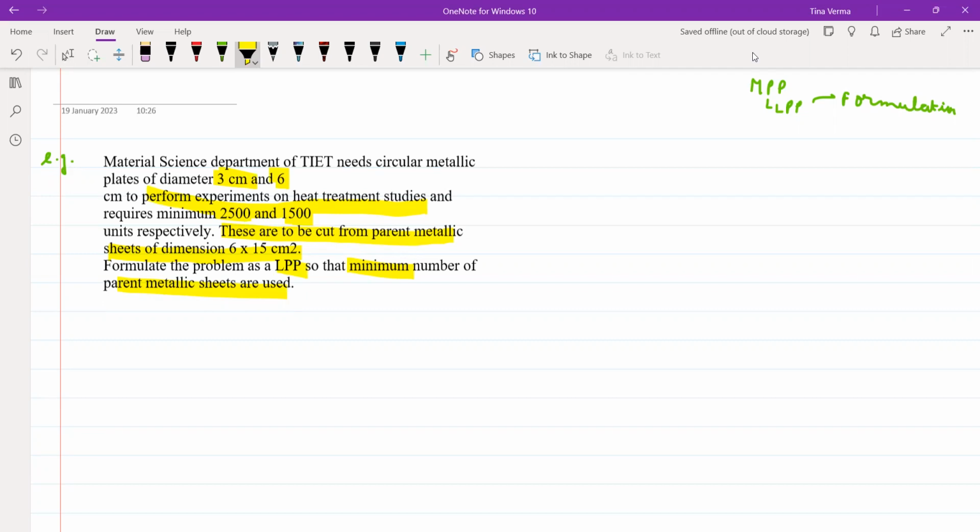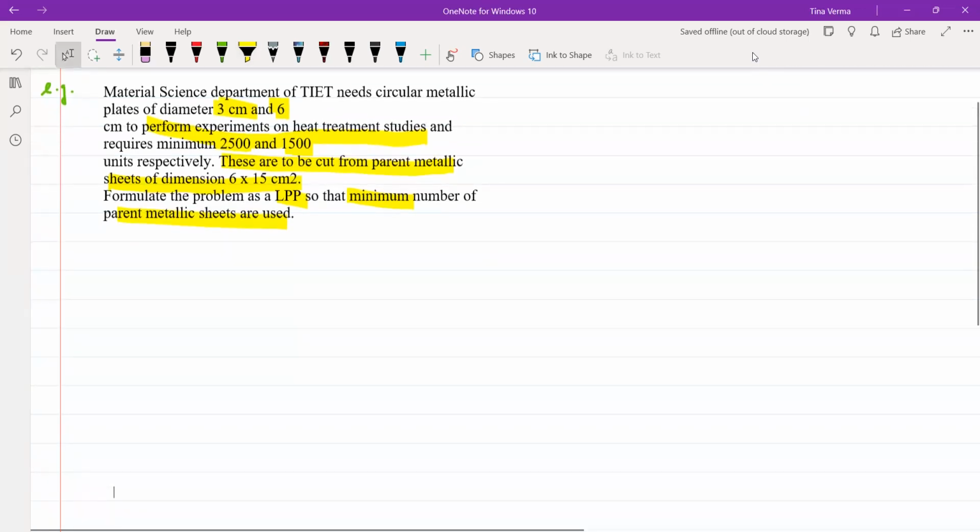From that sheet, you have to cut circular plates of diameter 3 centimeter and 6 centimeter, with a requirement of minimum 2500 and 1500. So in this case, how can we start?